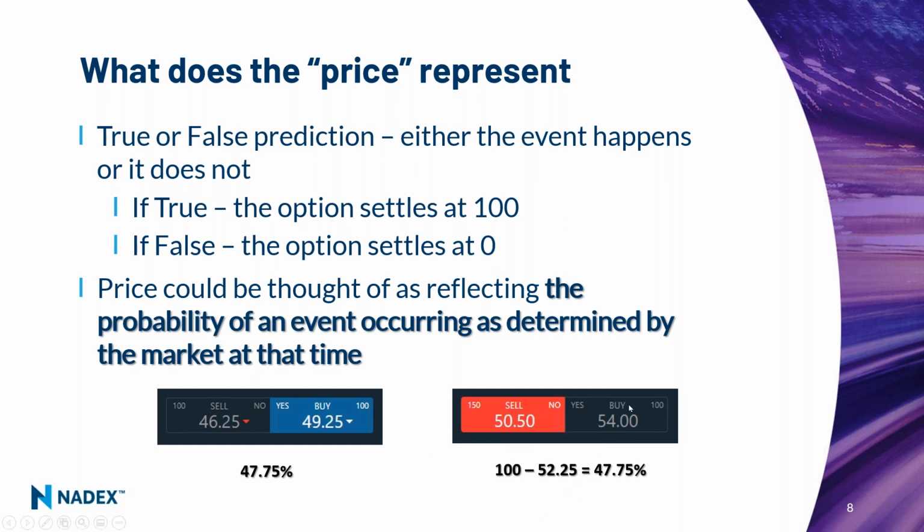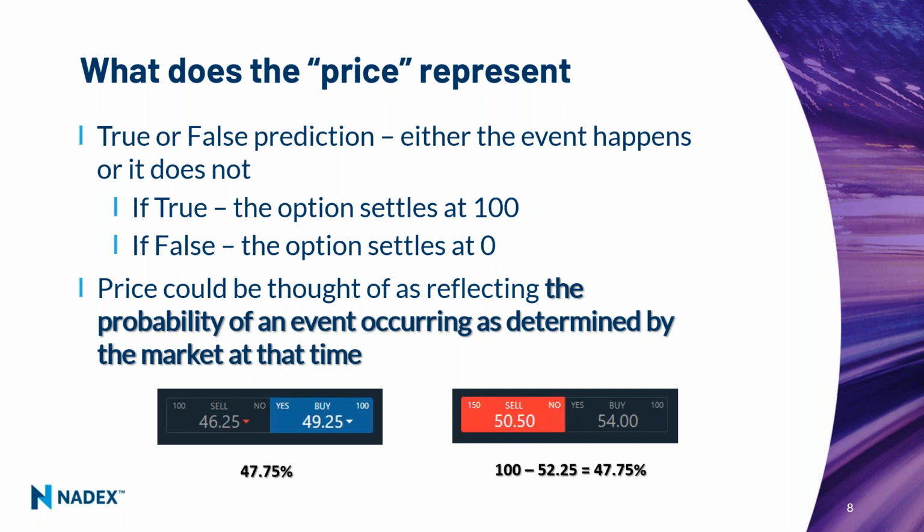But in this case, I'm trying to sell it. Now, if I sell it, it's 100 minus that. So if I'm selling it, the probability of it going to 0, so the probability of me winning and having this go to 0 if I sell it, is 47.75% chance.